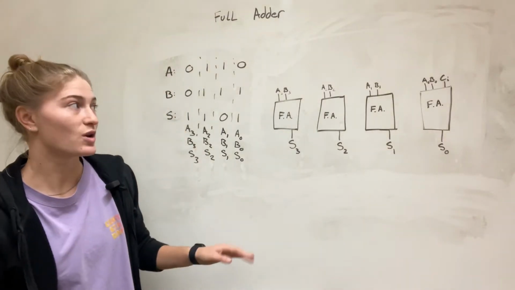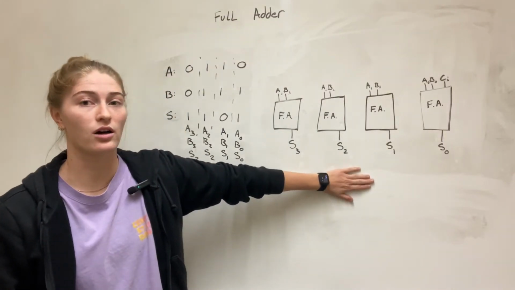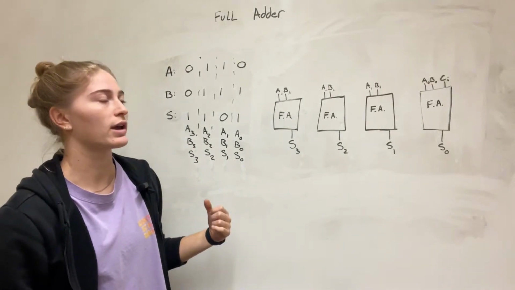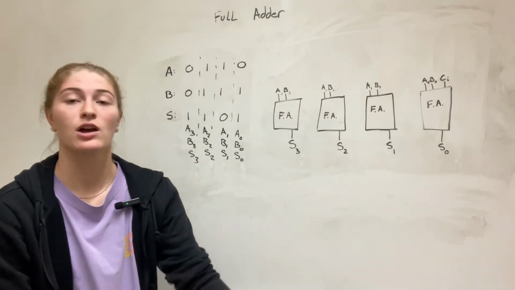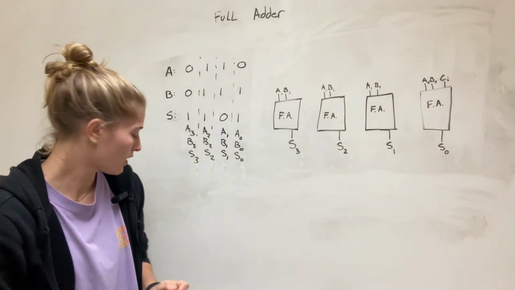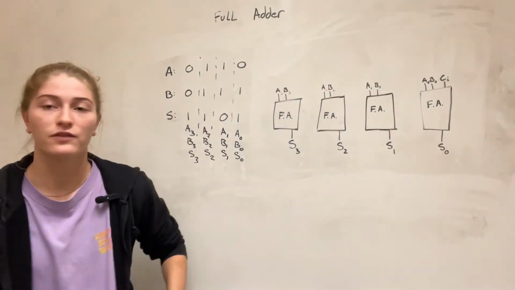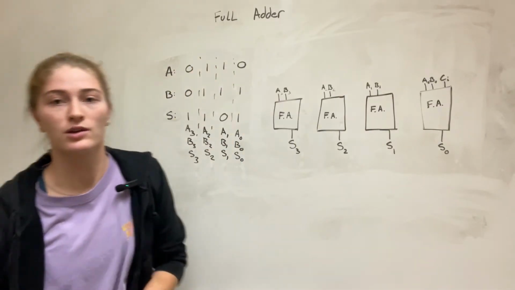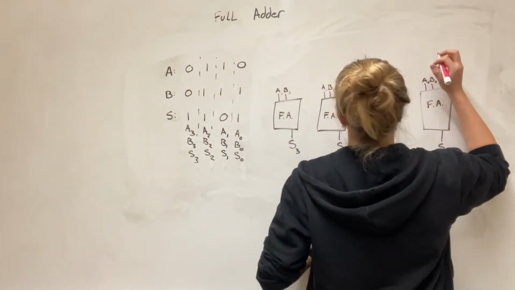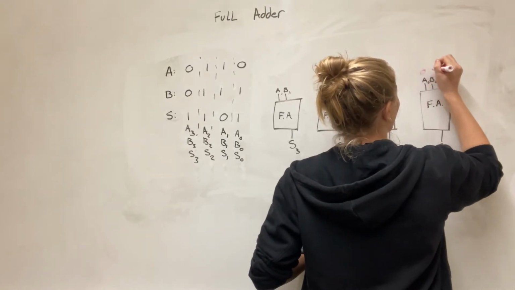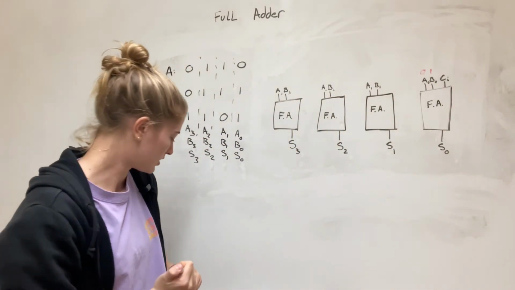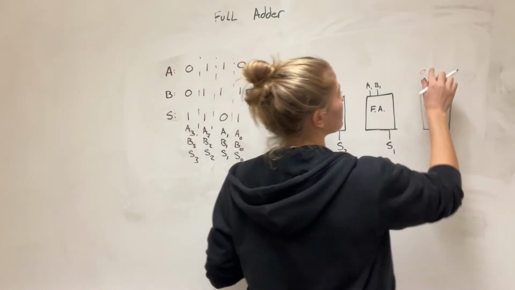Now, you'll also notice that right now on our circuit, or our drawing, there are no carry in bits, and that's because you're about to draw them with me. So let's start with our first digit, A0, B0. We have 0 and 1. So I'm going to write 0 and 1 above our A and B. You cannot see that in the camera, so I'll change to blue.